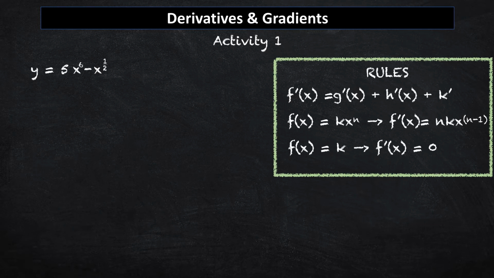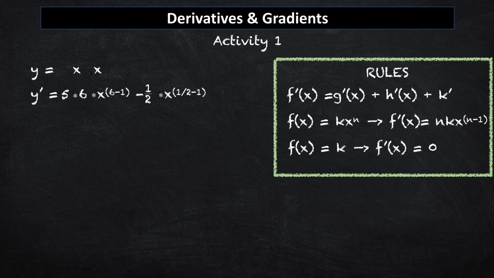Let's now look at the final example. The function y this time is 5x to the power of 6 minus x to the power of 1/2. It's the first time that we find a fractional number in the power, or in the exponent of x, but the rules are always the same. In fact, we have that the derivative of this function is 5 multiplied by 6 multiplied by x to the power of 6 minus 1 minus 1/2 multiplied by x to the power of 1/2 minus 1.